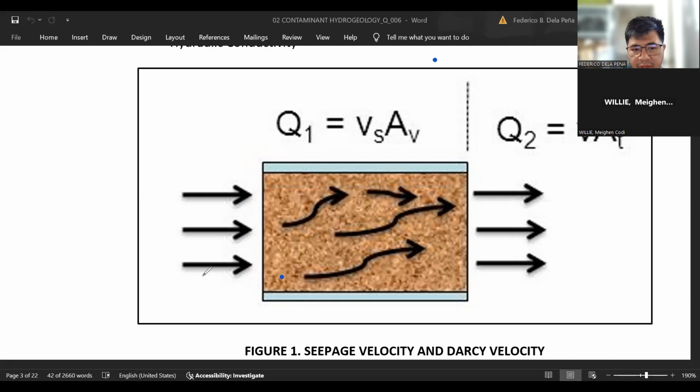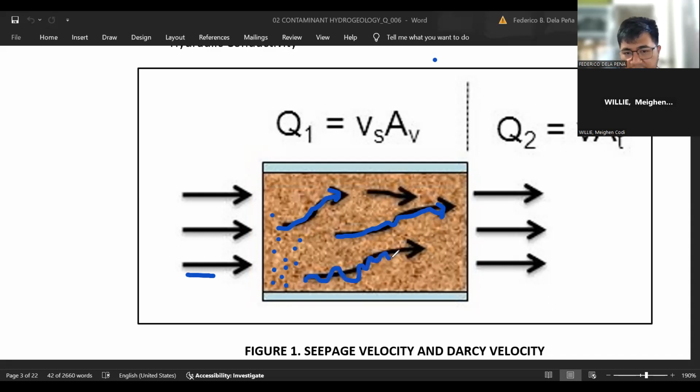Once your groundwater enters your media, it will have to traverse through the pore spaces within the soil. And we know that the pore spaces within the soil do not form a straight line. Therefore, the flow path inside will have to take some tortuous or contorted flow path lengths.